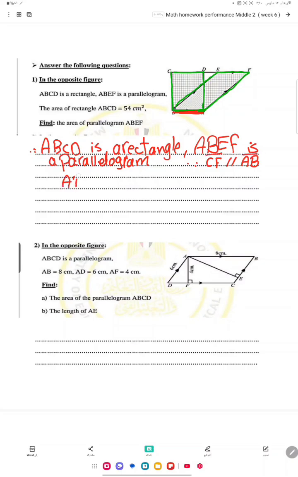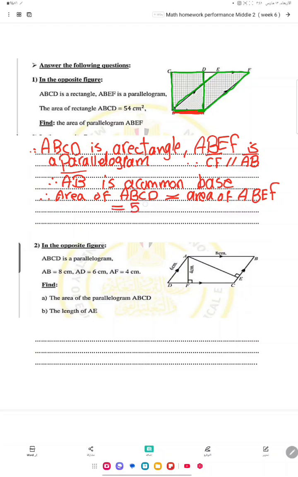And AB is a common base. So they are equal in area. So the area of ABCD, the rectangle, equals the area of parallelogram ABEF equals 54 centimeter power 2.